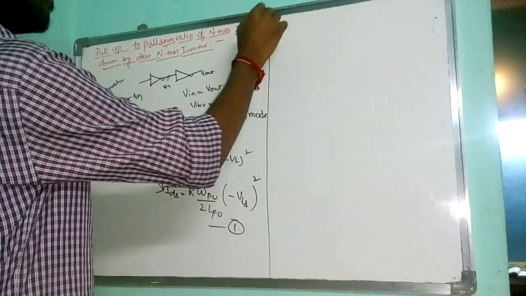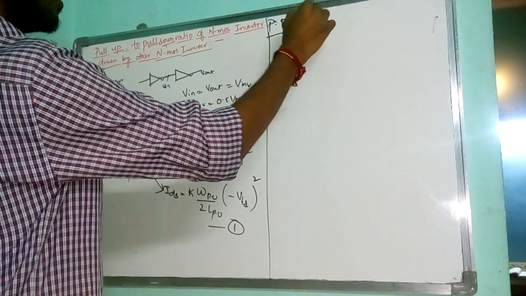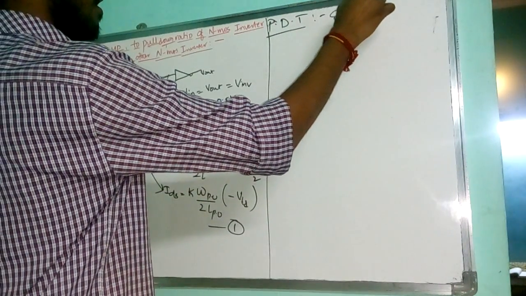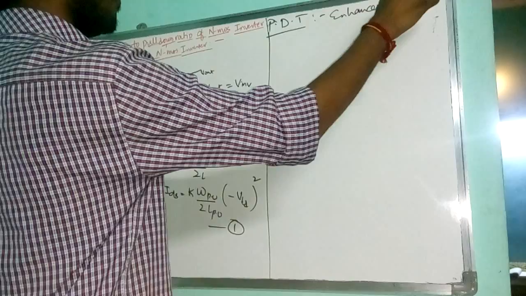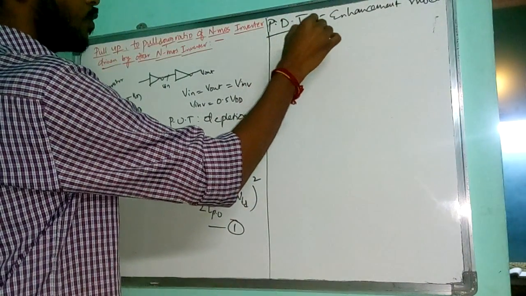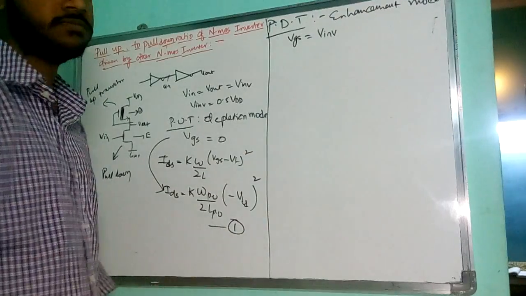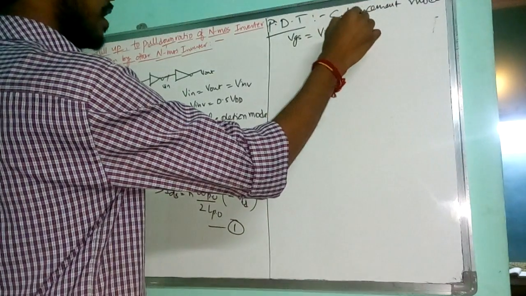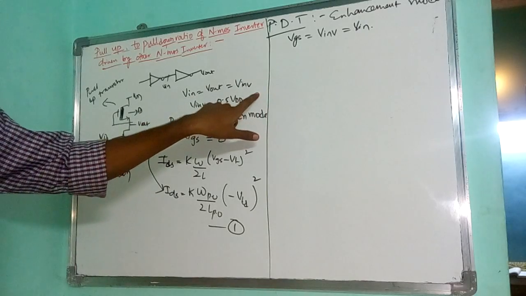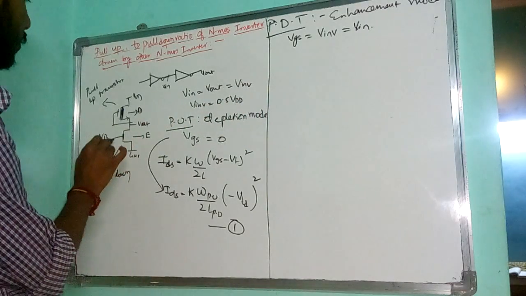Similarly, for pull down transistor, it is in enhancement mode. So my VGS will be equal to V inverse, which is equal to V input, as V in equal to V inverse and V in equal to VGS.